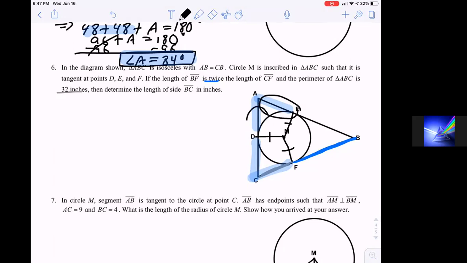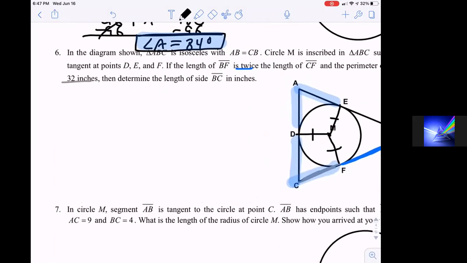This tangent line and this tangent line, they're meeting and intersecting at point A. Therefore, AE and AD are equal. This tangent line and this tangent line are meeting at point C. Therefore, CD and CF are equal. Since they come from the same radii, then all four of those segments are all equal.